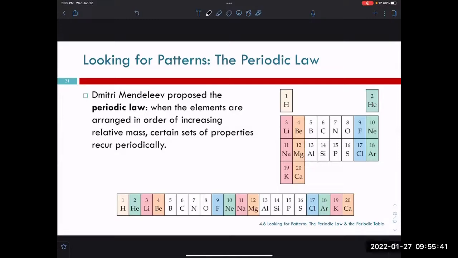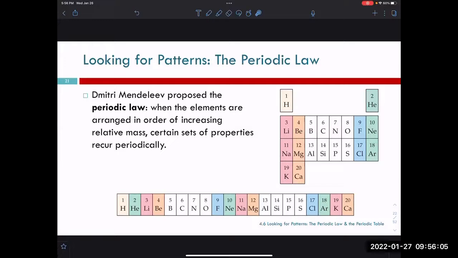So the exceptions are hydrogen and helium. Well, not exceptions really, but you go 1 and then 2, and then each row has 8 sort of in the set, not including the transition metals. So right, 1, 2, 3, 4, 5, 6, 7, 8.